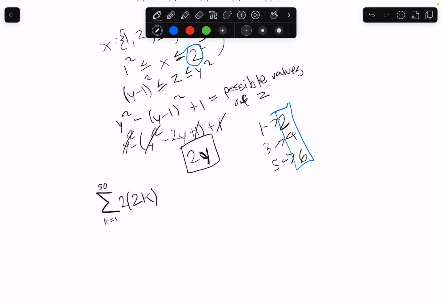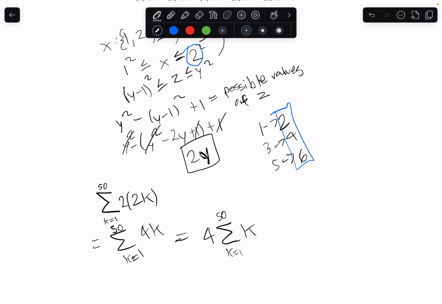And we have to sum all of these. So simplifying, this equals the sum from k equals 1 to 50 of 4k. And we can take the 4 out.